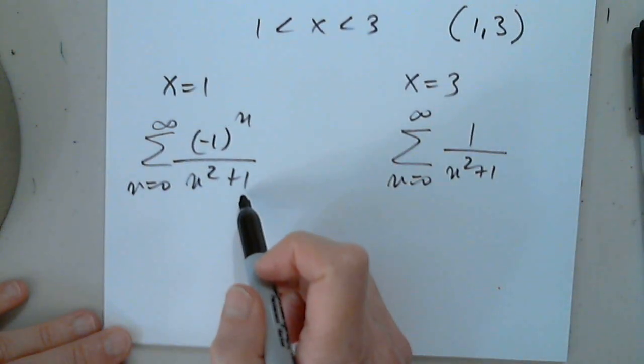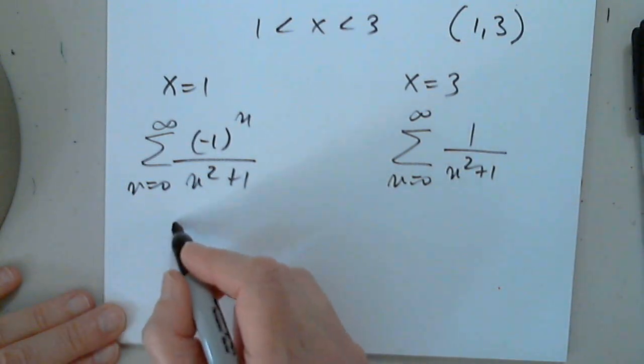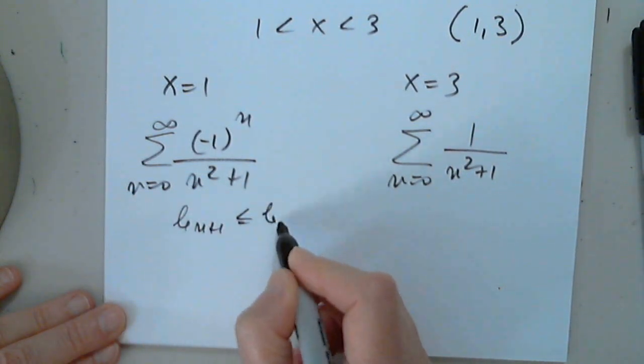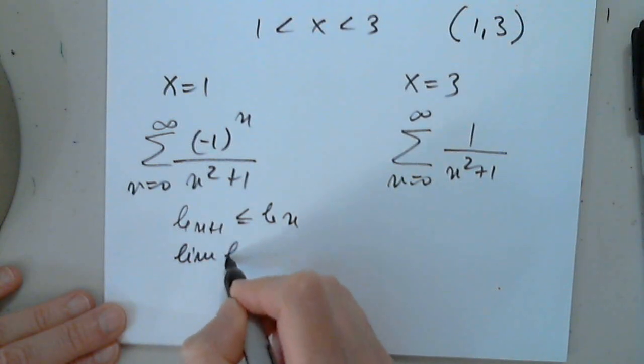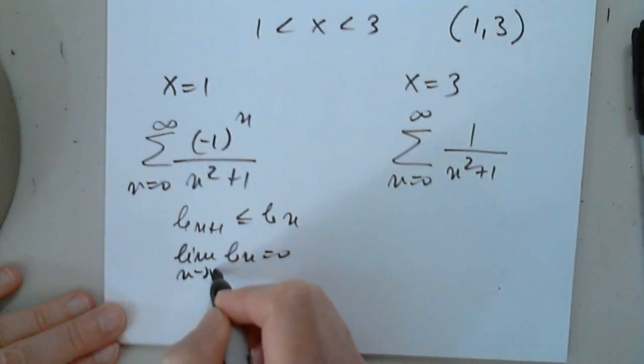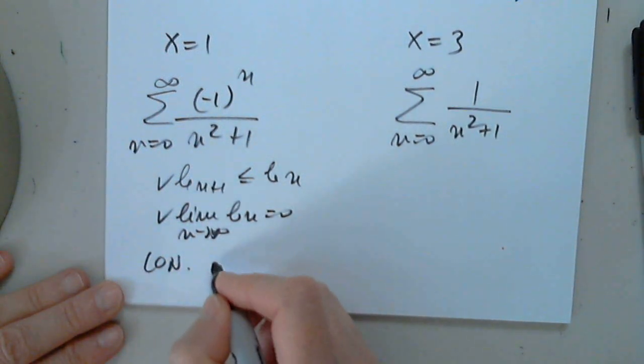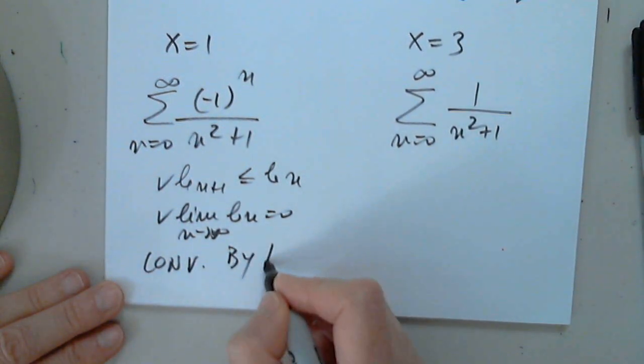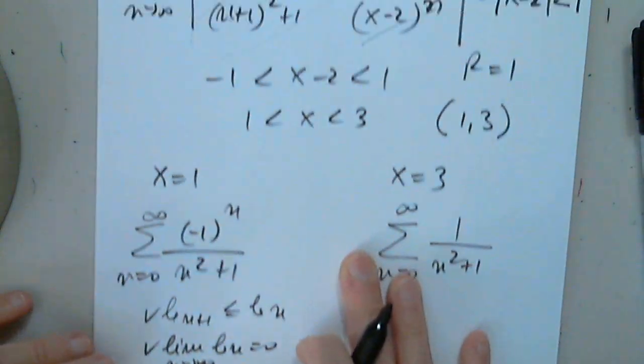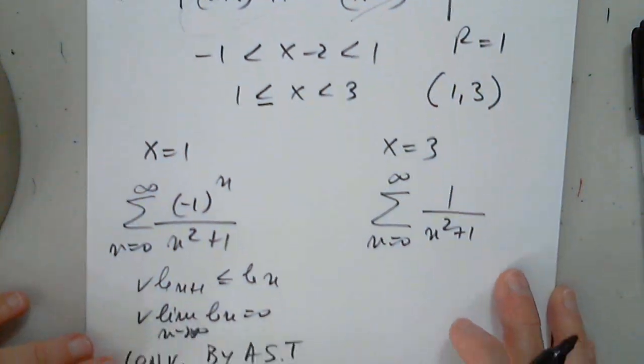This is an alternating series. It's decreasing, so Bn plus first less than Bn, and the limit of Bn is 0. Both conditions are fulfilled, so this is convergent by the alternating series test. I go immediately and include 1.